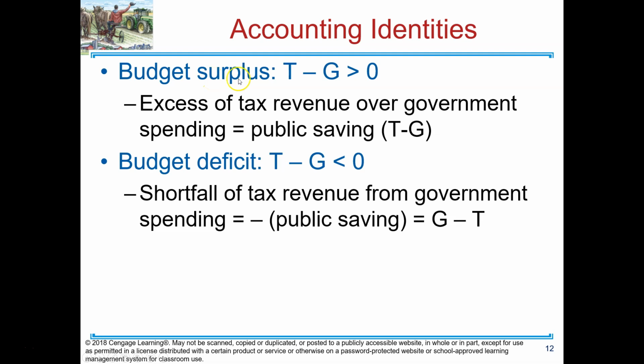So a budget surplus is whenever taxes are more than government expenditures. On the other hand, if the government is spending more money than the taxes, that is, the G term or government expenditures are more than the government's income through taxes, then this term will be a negative number and the government will be running a budget deficit. And this is what we see, that most of the countries of the world run a budget deficit rather than a budget surplus because they spend more than their income.